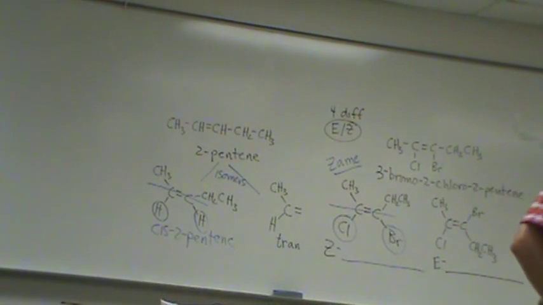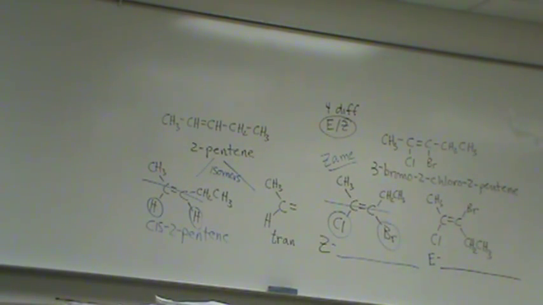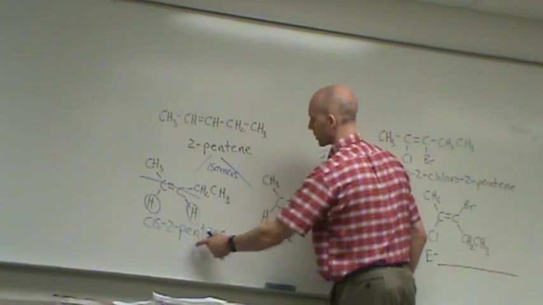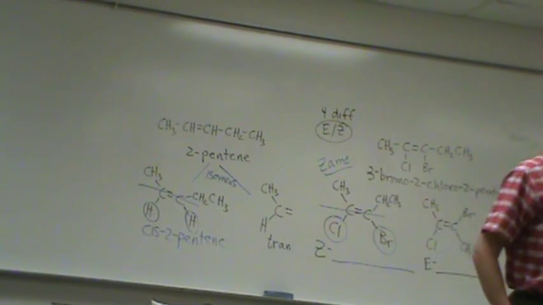The E and Z isomers. Wasn't that easy? Okay? Now if I have two of the same, then I have cis and trans. Any questions?